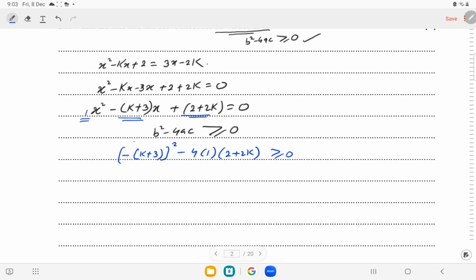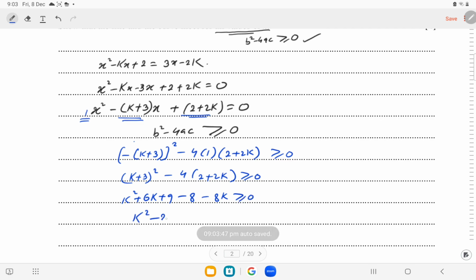Because of the square, this minus will be eliminated and become plus. So we can write k plus 3 whole square minus 4 times 2 plus 2k. Expand it, it becomes k square plus 6k plus 9 minus 8k greater than or equal to 0.